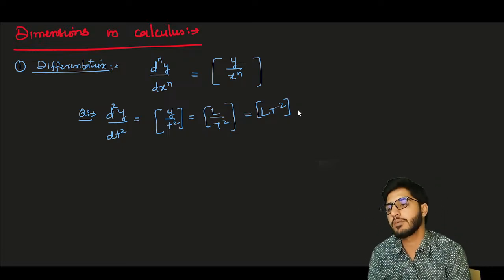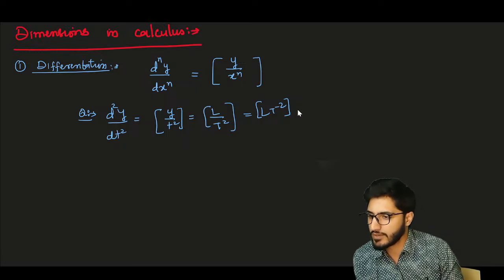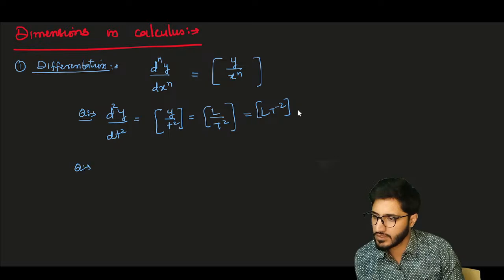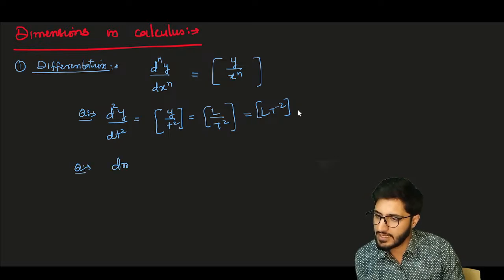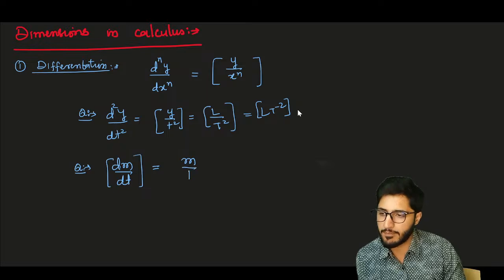So d square y by dt square is the representation of acceleration. One more. If we have dm by dt, to get its dimensional formula, it will be M by T only. M is M, T is T minus 1.